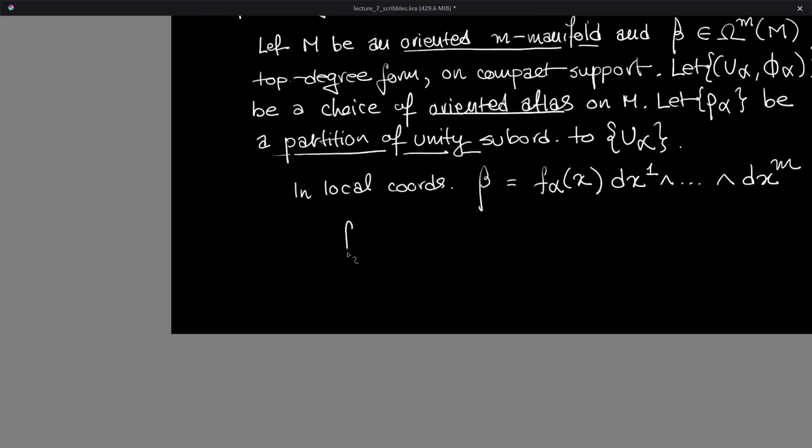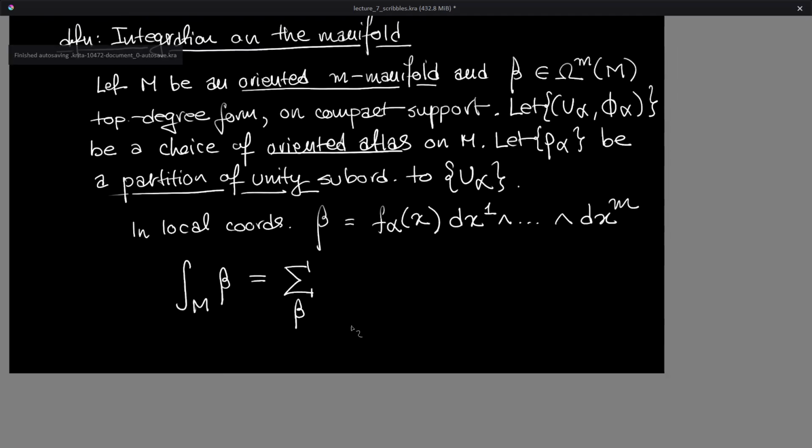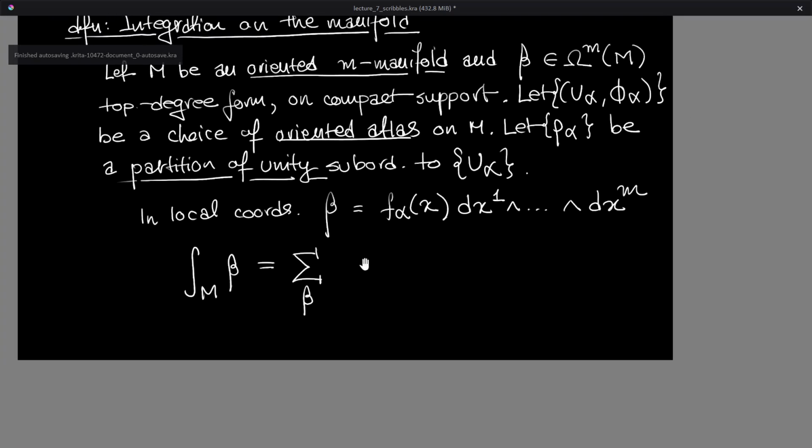So then the integral, finally, integral over M of beta is equal to the sum over alpha. We couldn't write this sum unless we had a finite or a countably infinite number of sets in this cover, right? That's what is being afforded to us by the paracompactness of our manifold, if you think back to lecture 1. So then this is the integral over phi alpha of U alpha, which is the coordinate chart of U alpha.